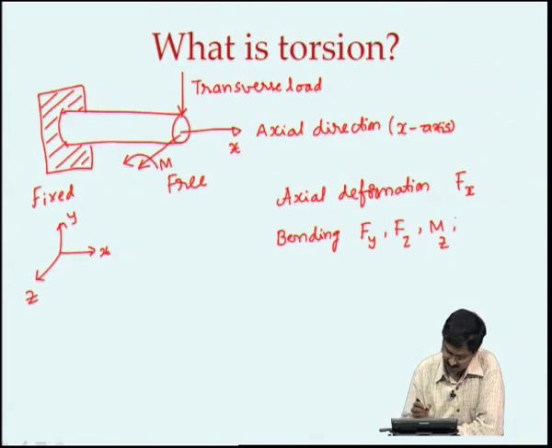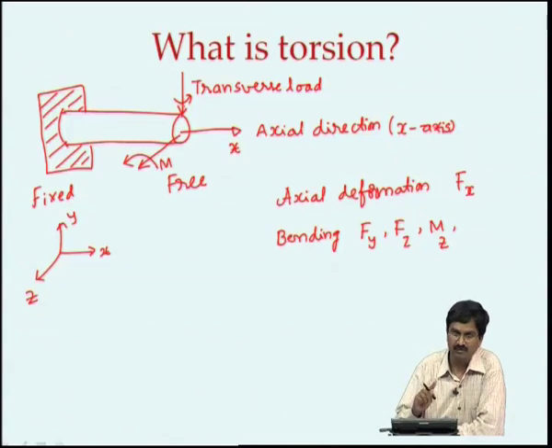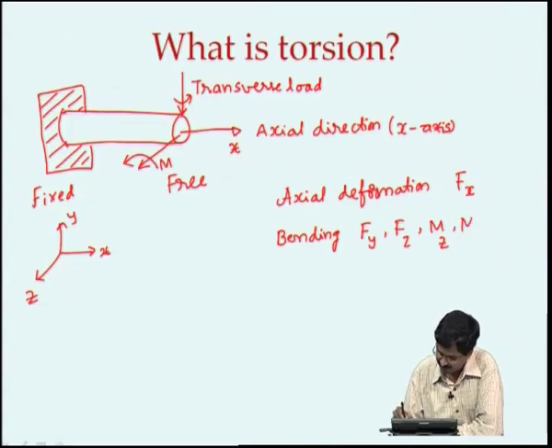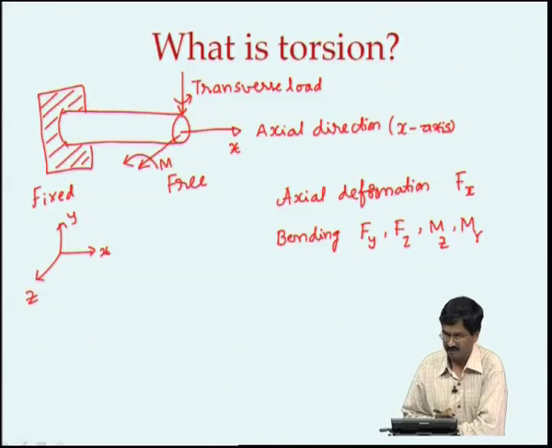If there were a moment about the y axis, the beam will bend into the plane or out of the plane. So, a moment about the y axis also will cause bending.